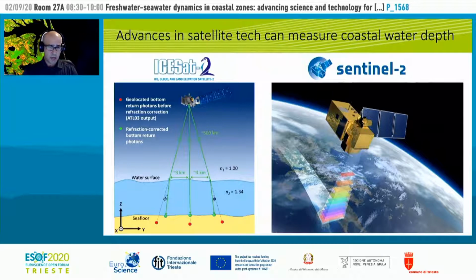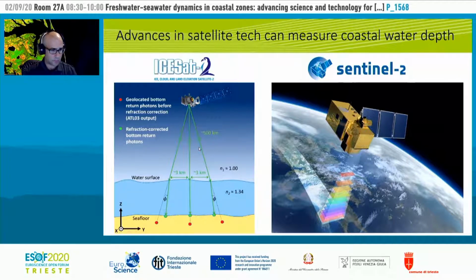And the last thing I want to talk about is the advances in satellite technology that we can use to measure coastal water depth. ESA's Sentinel-2 satellite launched back in 2015, and NASA's new ICESat-2 satellite is able to measure both the water surface and the seafloor at a very high resolution.